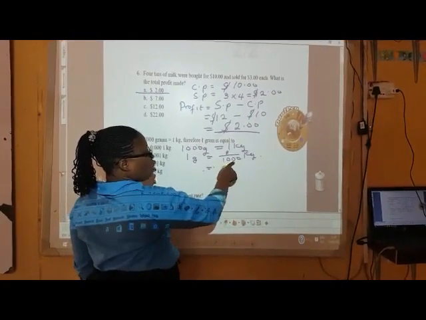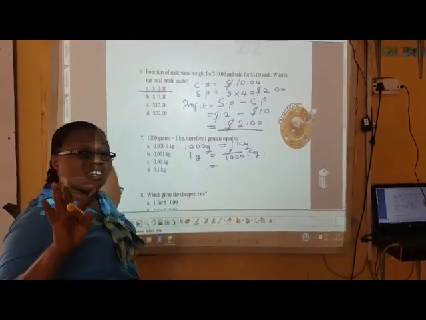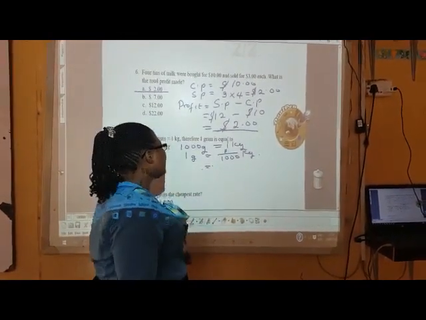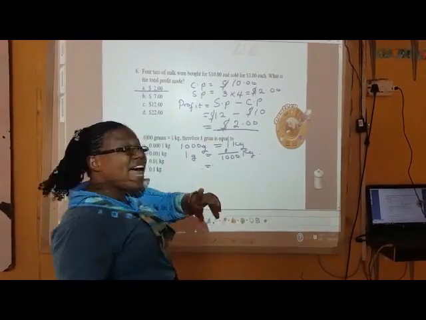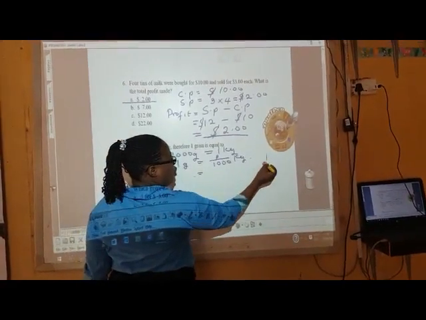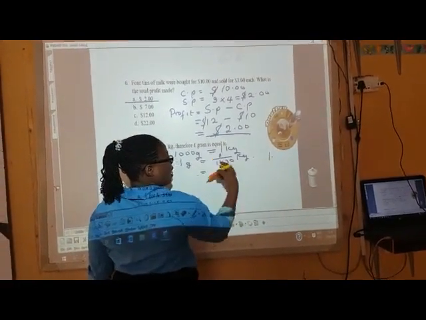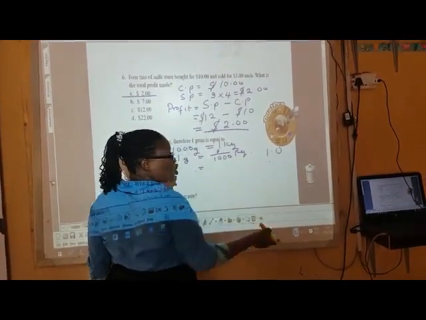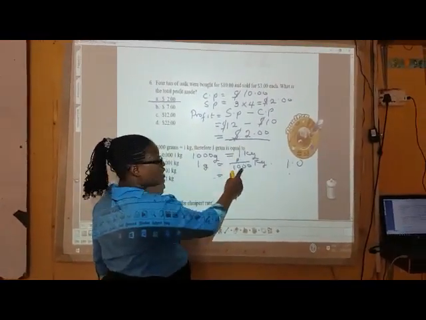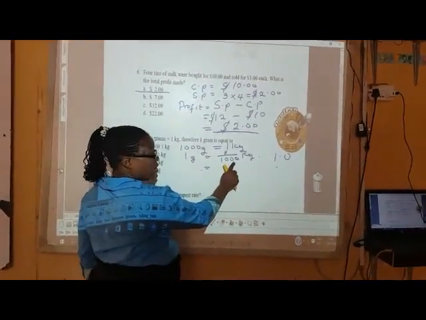Then 1,000 has 3 zeros. So you have to shift your point by 3. Now, an ordinary 1 here means 1.0, so automatically this is where your point is. So we are shifting our point by 3 places.